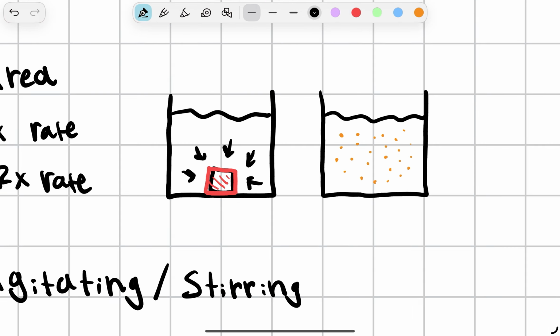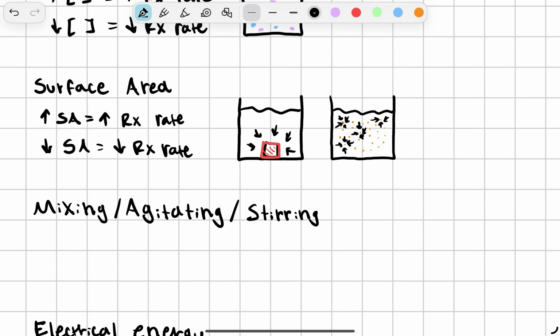Now, when the water comes at it, each little clump of sugar will have water coming at it from all directions, meaning we have an increased surface area here. It's like we took this block and broke it up into all these pieces, making it easier for the water molecules to get to each and every individual particle. So that means there'll just be more collisions.